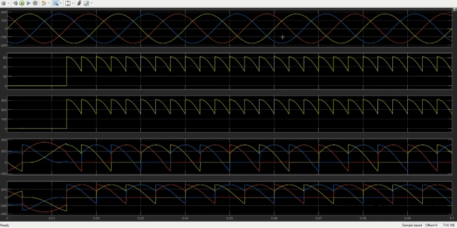Now let's discuss this plot. As we can see here, we have our output voltage and the thyristors' voltage.